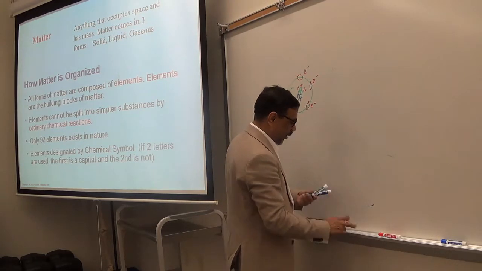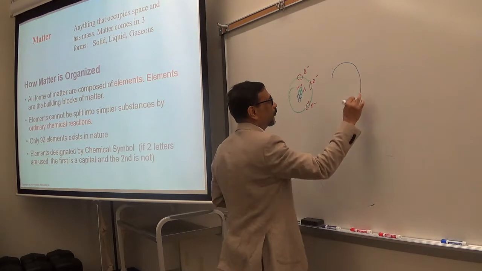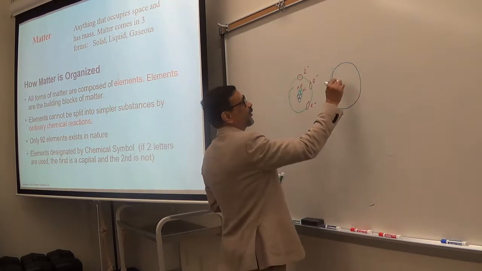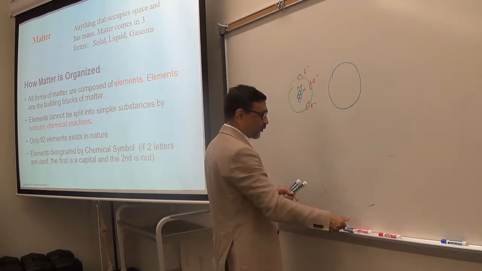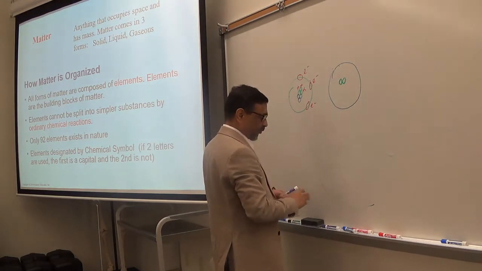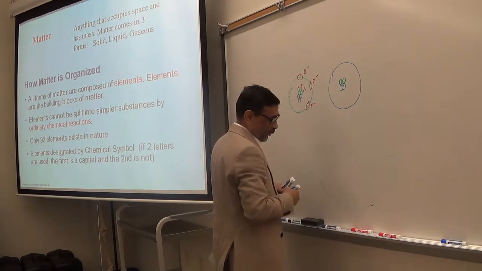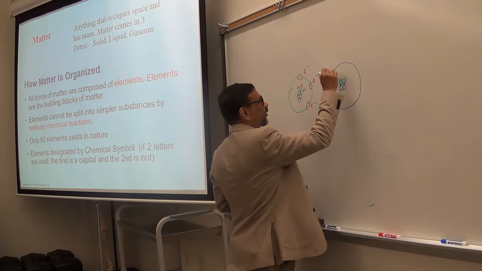Now, if I draw another atom here, this one has 2 protons, so it should have 2 neutrons and 2 electrons.